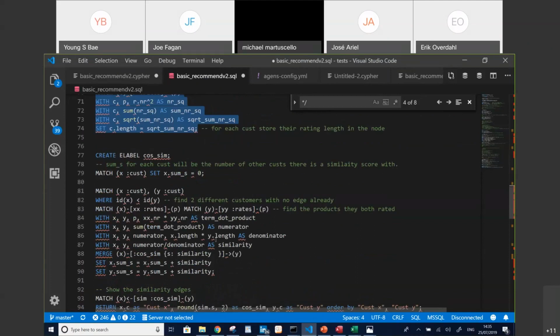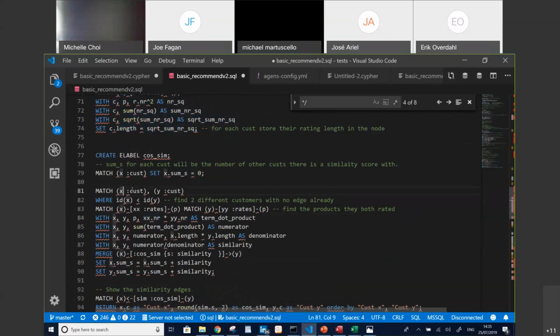similarity. And so the cosine similarity, remember, the numerator was: this is customer X, this is customer Y. I'm going to take the normalized rating for X and the normalized rating for Y, multiply them together, and add them up. This gives me the numerator. Then I calculate the denominator, divide one by the other, and I've got the similarity there.